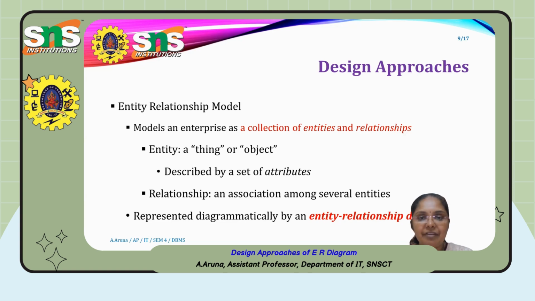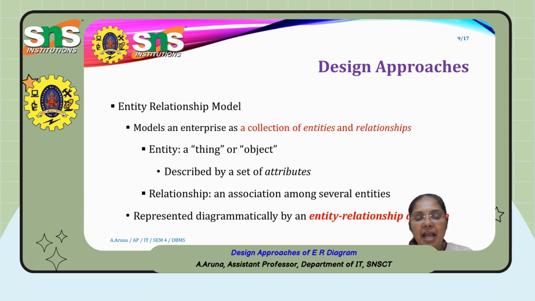For example, in a student database management system, student is an entity, course is another entity, and mark is another entity. So you have many entities. To describe a particular entity, we use a set of attributes.